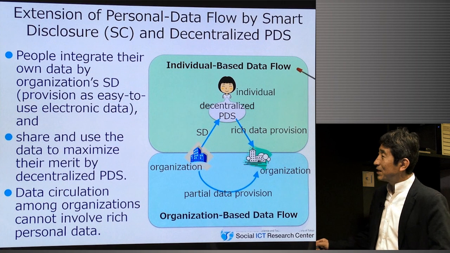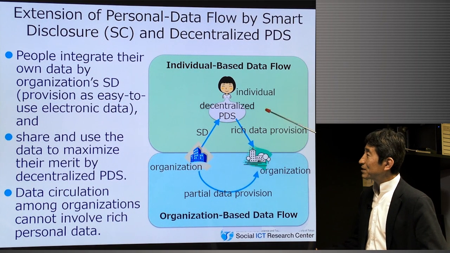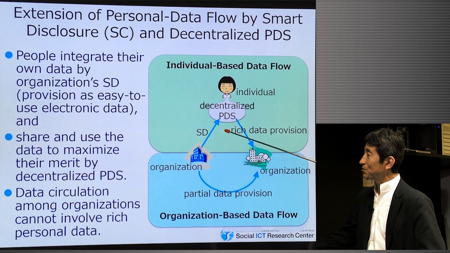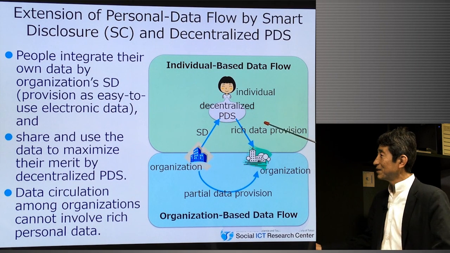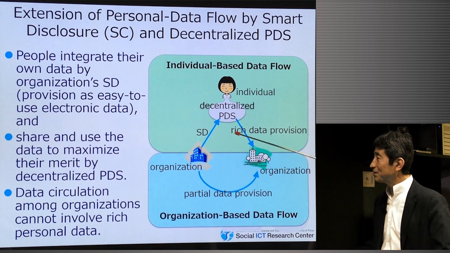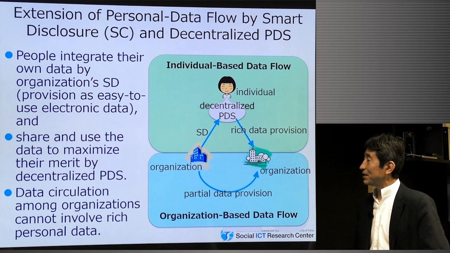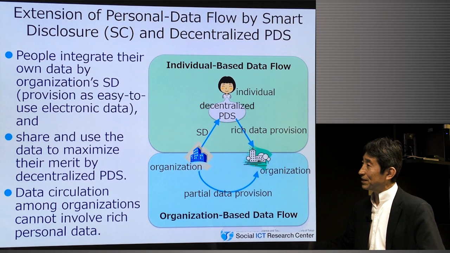Okay, so decentralized PDS receiving data from organization by smart disclosure and provision of the data to other organizations, and all that would implement much richer data circulating in the society.